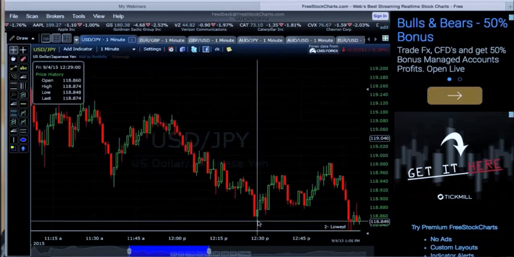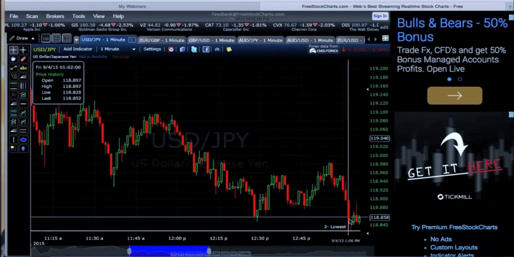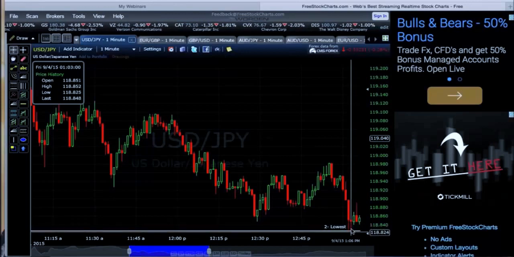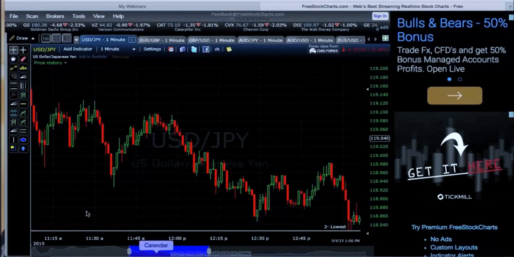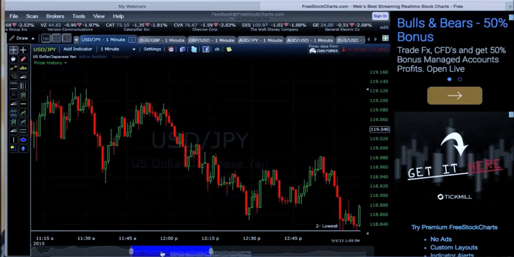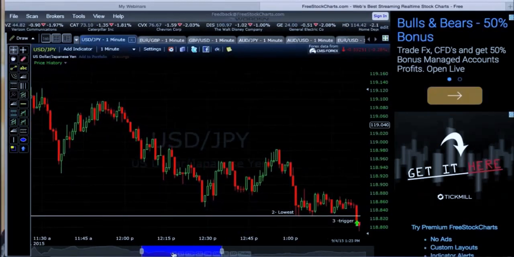Then we moved the horizontal line to this candle, which created a new low, and then to the following candle, which created a bit lower low. And so this is our temporarily new lowest point. Then we waited for a candle to close below this point to trigger a call.